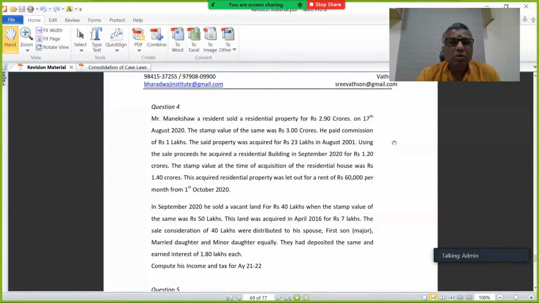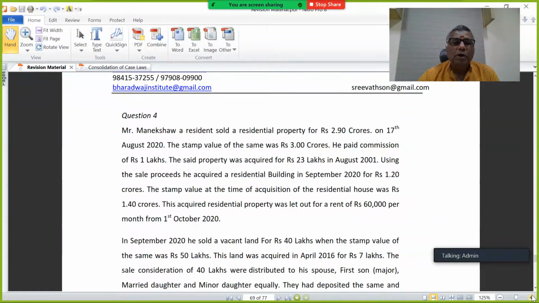Question number 4. Mr. Manaksha, a resident, sold a residential property for 2.90 crores on 17th August 2020. The stamp value on that date is 3 crore. He paid commission of rupees 1 lakh.